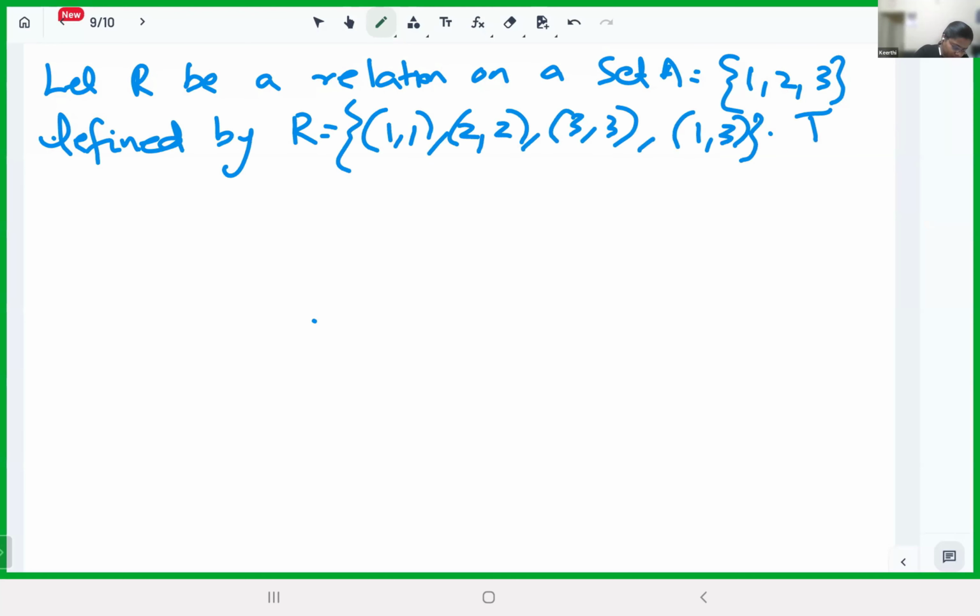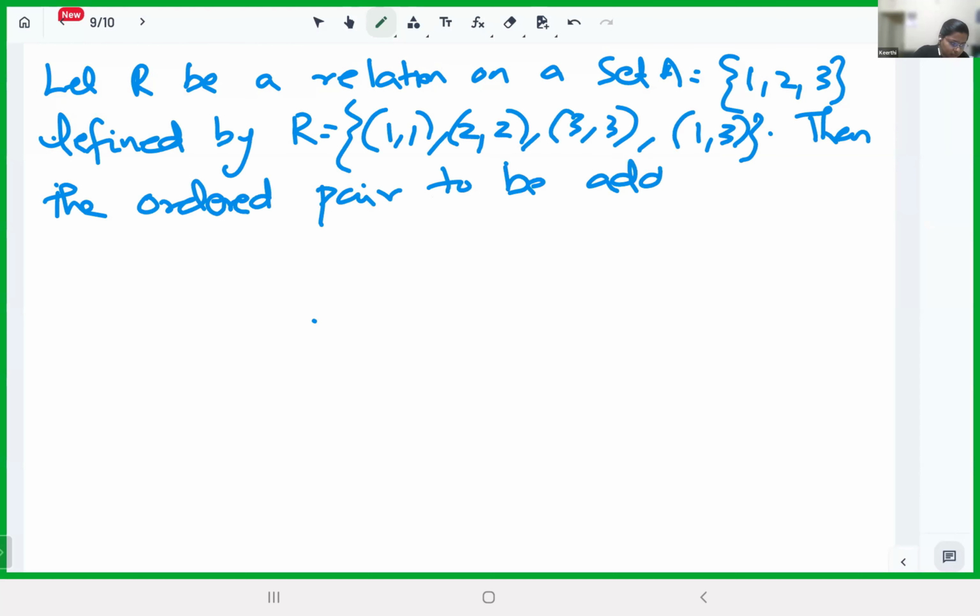Then the ordered pair to be added to make R a smallest equivalence relation.